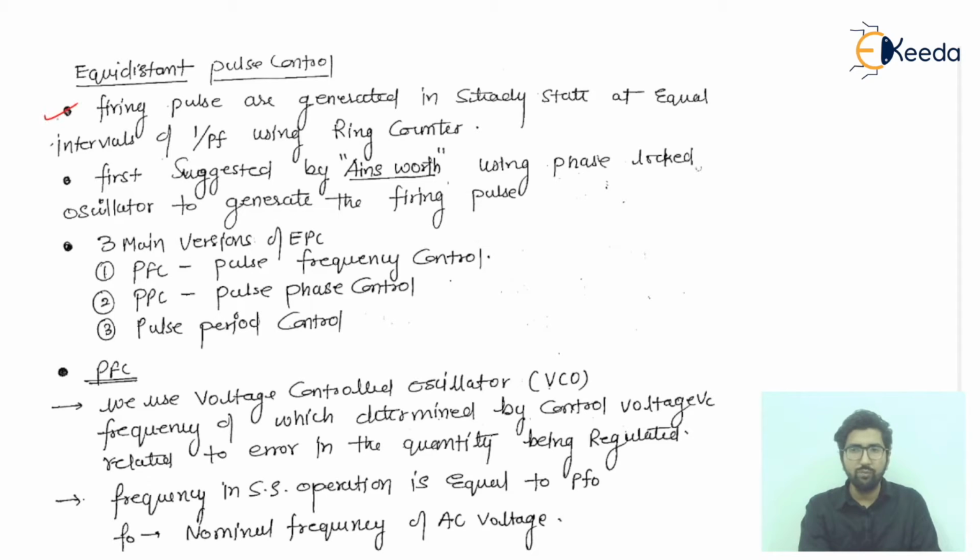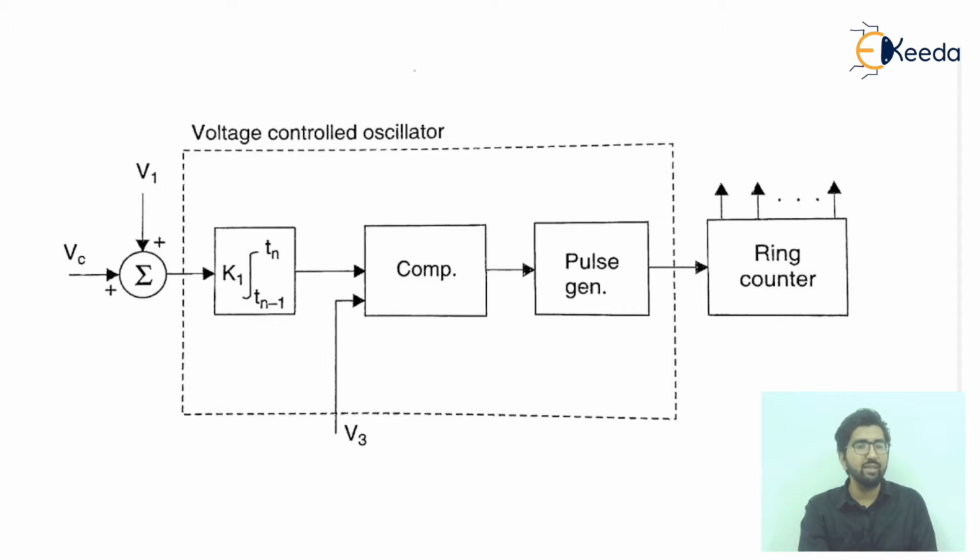The first point says that the firing pulses are generated in the steady state at equal intervals of 1 by PF using the ring counter, which is shown in this diagram.